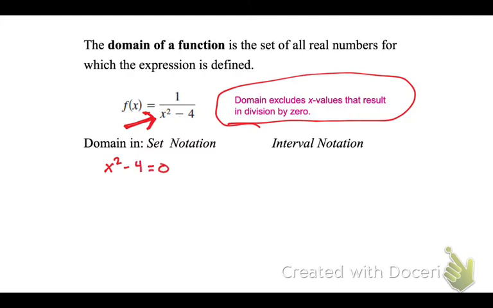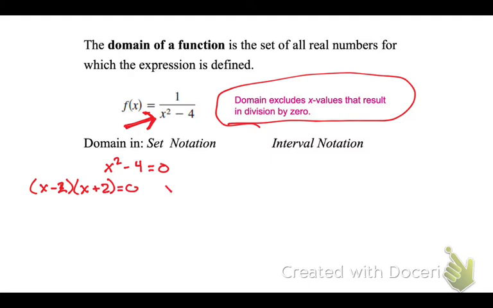Yeah. Yes. So I have x squared minus 4 equals 0. There's 2 ways I could solve that. Somebody give me one. Add the 4 over. We could factor. So we could factor x minus 2, not 4, I was going to put 4, and x plus 2 equals 0.